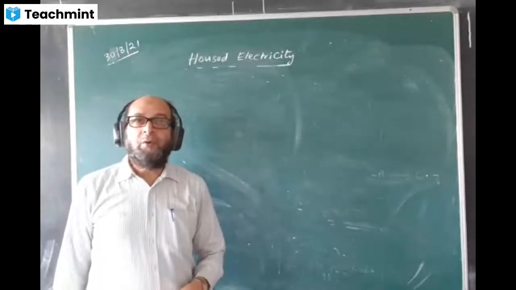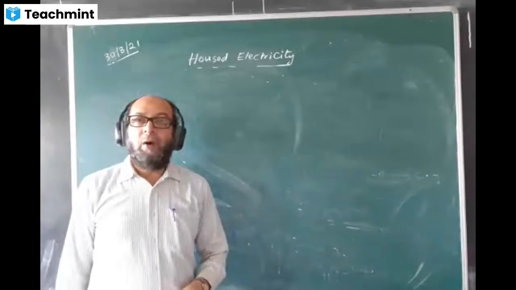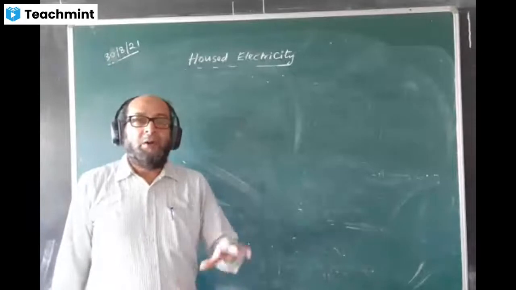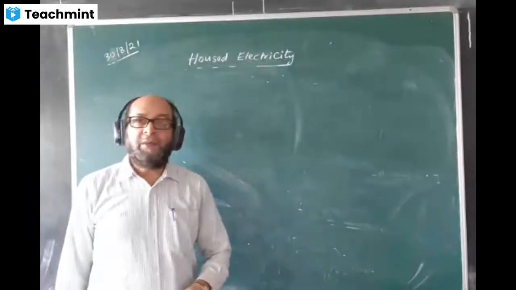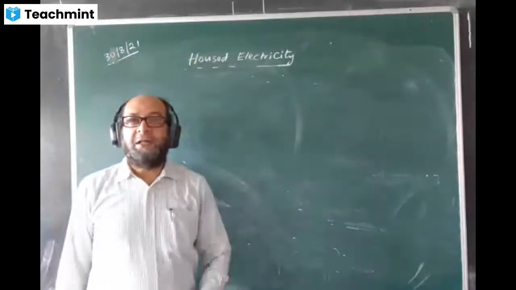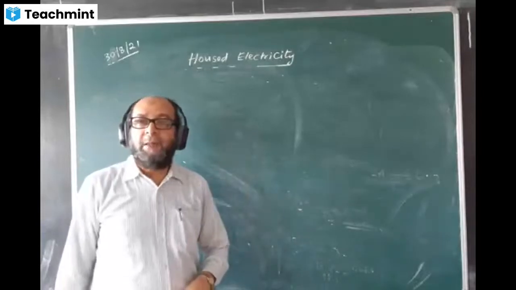How much voltage do we use at home? 220 volts. And at how much frequency do we get the current? 50 hertz. So it is all about this information, and quite practical type of things. You will know that if you use this many bulbs, how much the electricity bill will be. You will have a rough idea about the calculation of the electricity bill also.